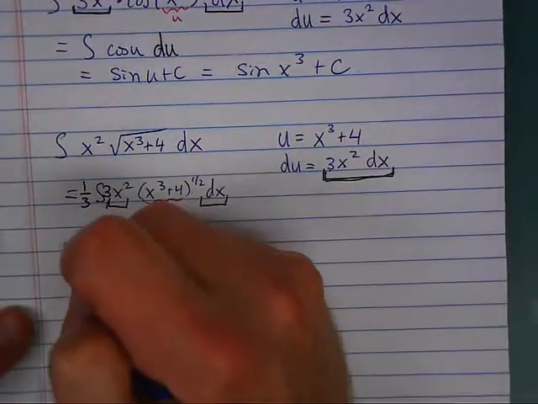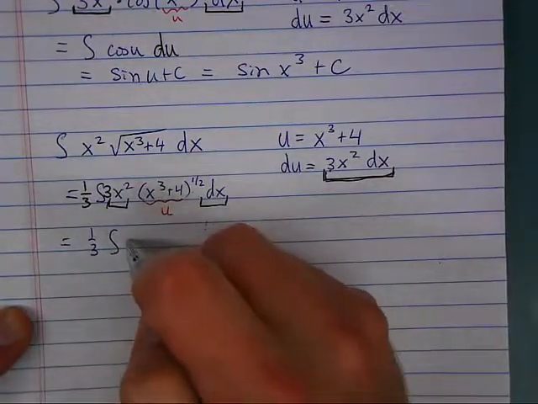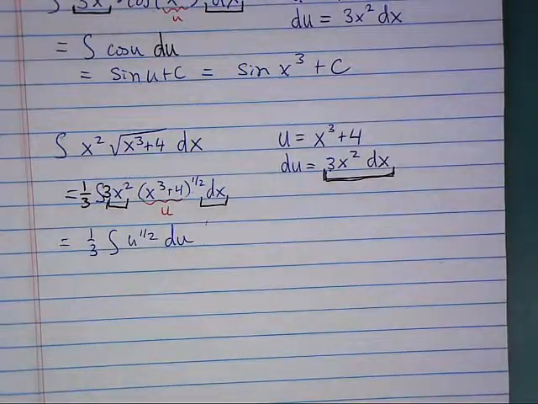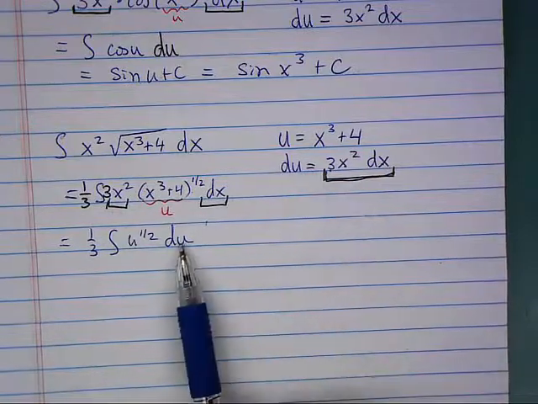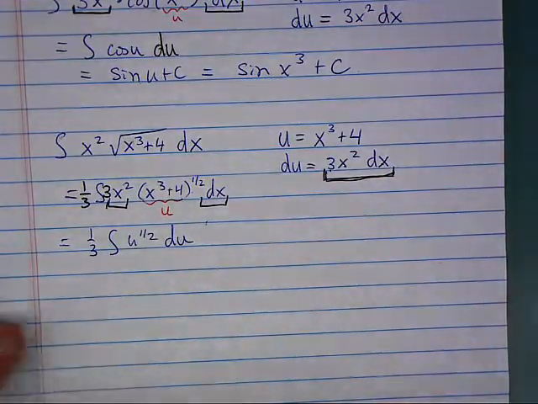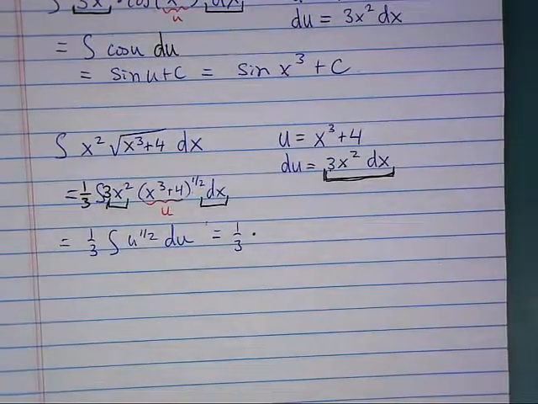All right, so this becomes 1/3, the antiderivative, u to the 1/2 du. The 3x squared dx, all that became my du. And this is u to the 1/2. That's going to be 1/3 times, what's the antiderivative of u to the 1/2?